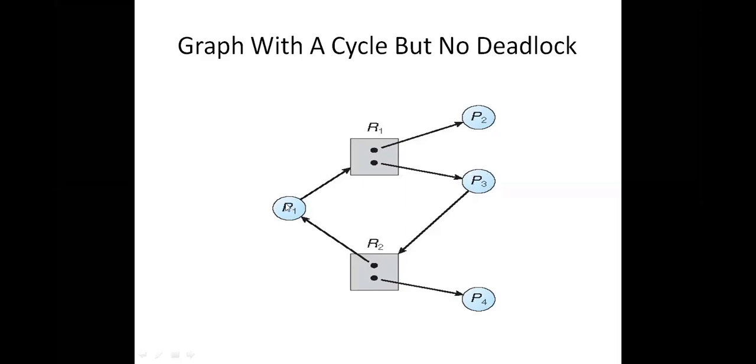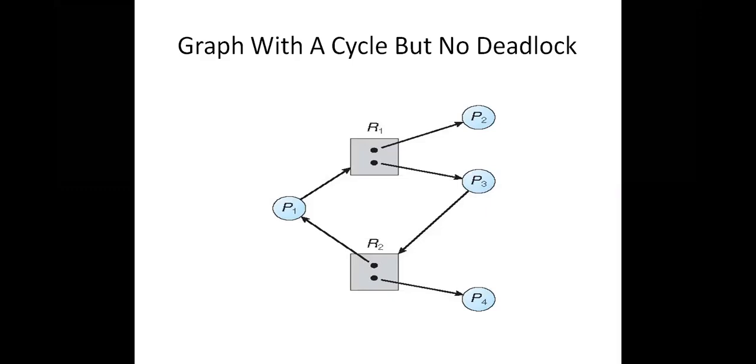Whereas P1 is requesting R1 and already has R2. That means these two processes are holding a resource and waiting for the other resource. But here that wait is not infinite. There is a chance of getting a resource in another fashion. What is the other way? P2 has a resource R1 and P4 has a resource R2.